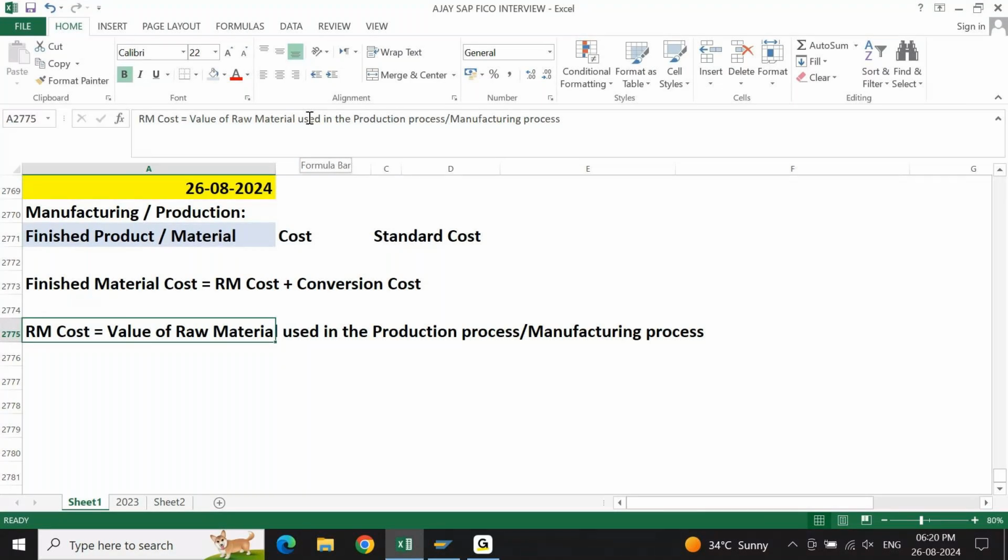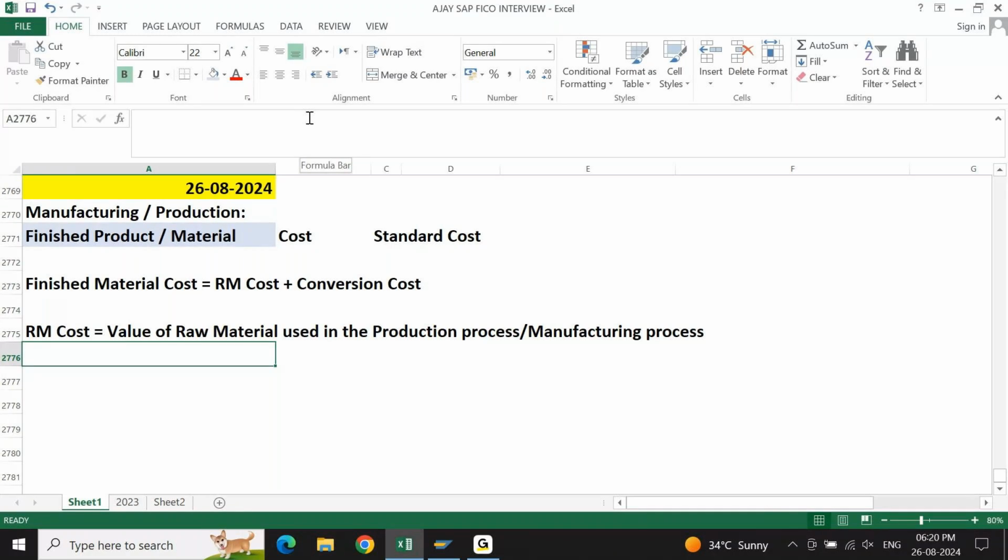Sir, I want to confirm one thing. Will the transportation cost, or the cost of importing the material, be part of this RM cost, or will it be shown separately? Importing of your raw material, you mean? Transportation cost and all these types of costs to bring the raw material to the factory premises.